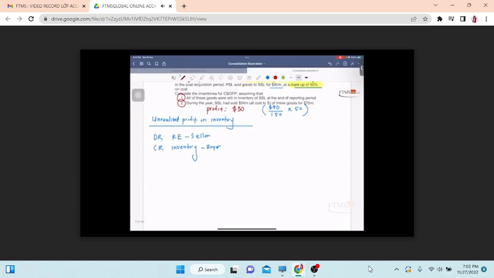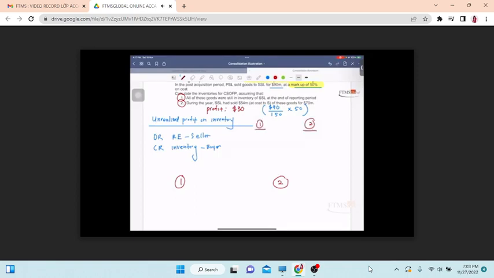Let me show you how to do it. I put here, this is situation number 1, and this is situation number 2. Remember, ultimately what you are trying to do is find the figure for the double entry. So I got two scenarios, one for number 1, and one for number 2.